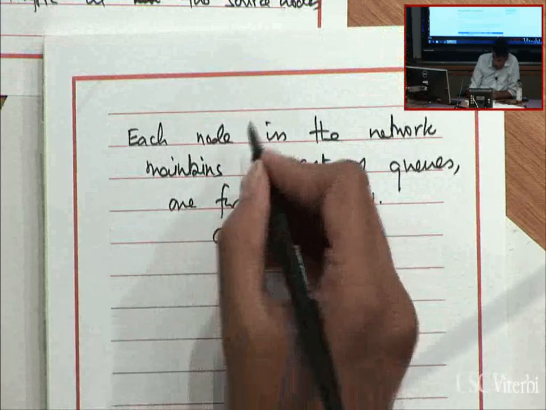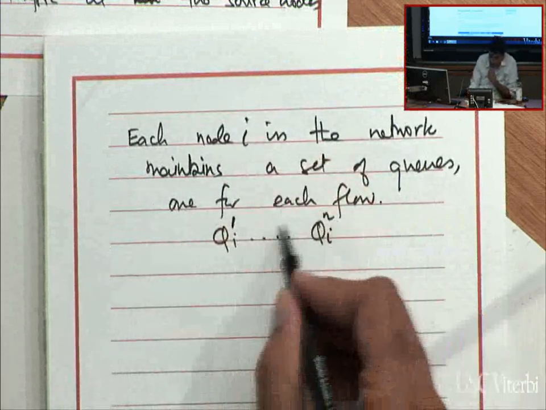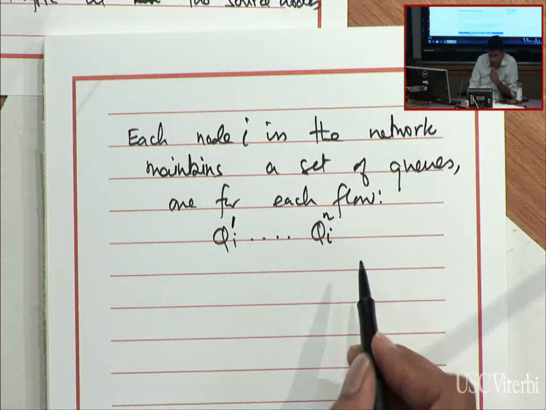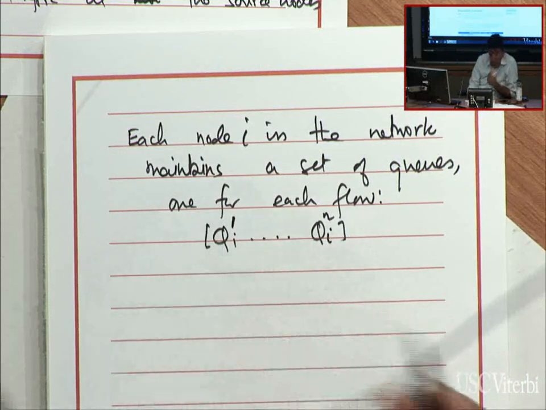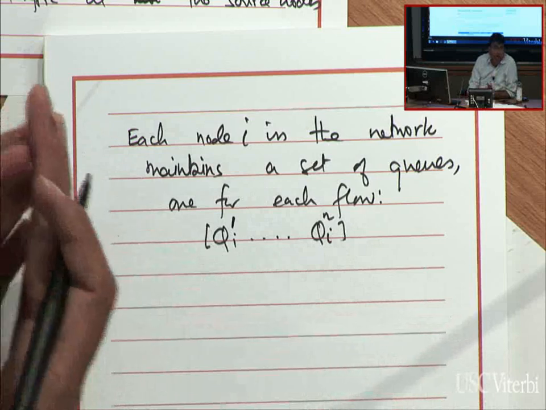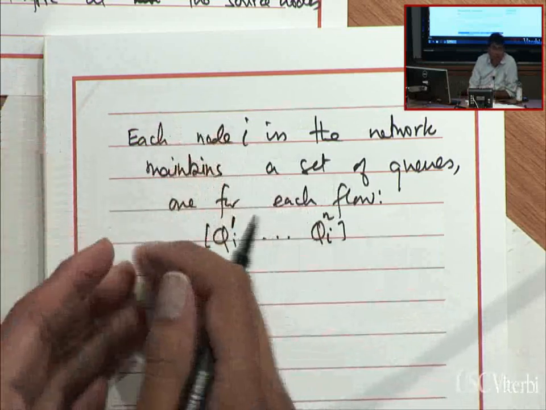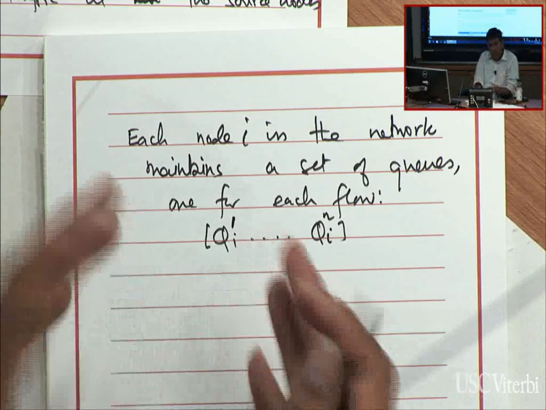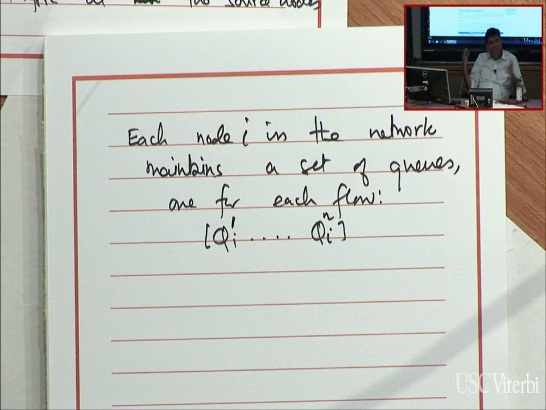Okay. So each node i maintains a set of queues, one for each flow. So it's got Q_i^1 up to Q_i^n. Now, in practice, you only have one queue in which you put all your packets. This could just be thought of as I take that queue and I say how many of them are for flow 1, how many of them are for flow 2. So even if it's not physically maintaining n separate queues, you can imagine you're classifying where those packets belong.